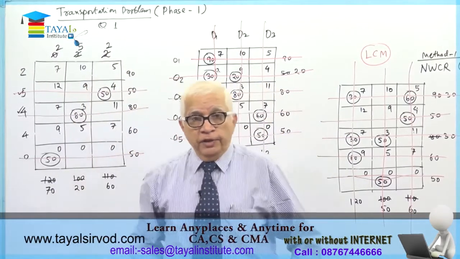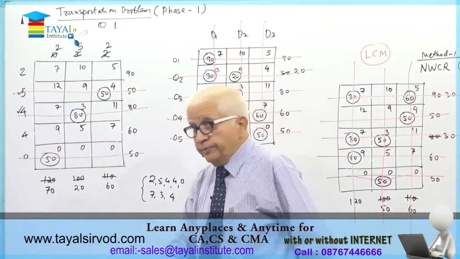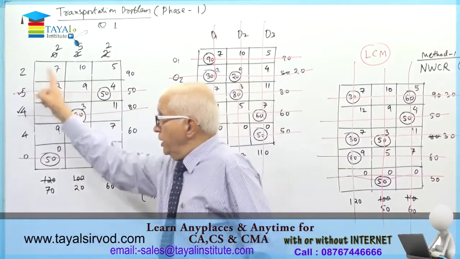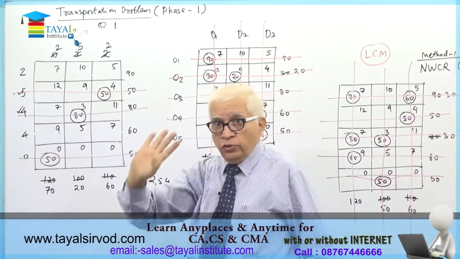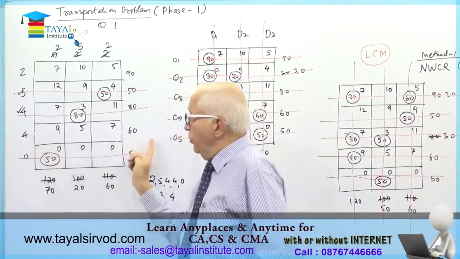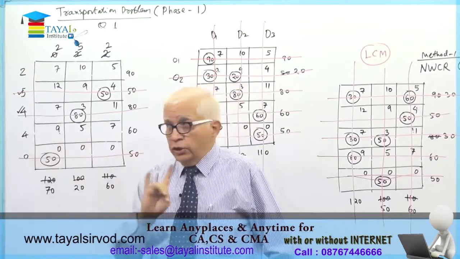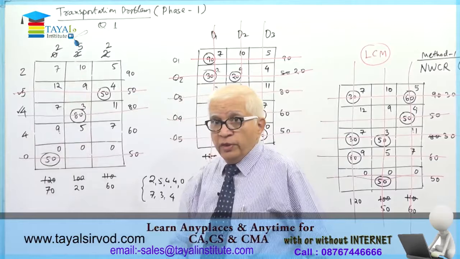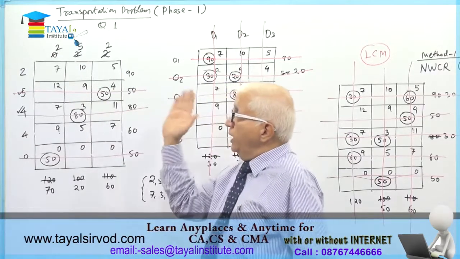Okay. Now, what are the penalties? Row number 1, penalty was always 2 because we have not done any changes to row number 1. Row number 4, the penalty was always 4. So, the row penalties are 2 and 4. What are the column penalties? 2, 5 and 2.